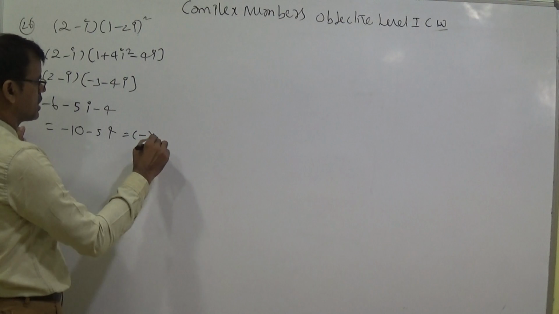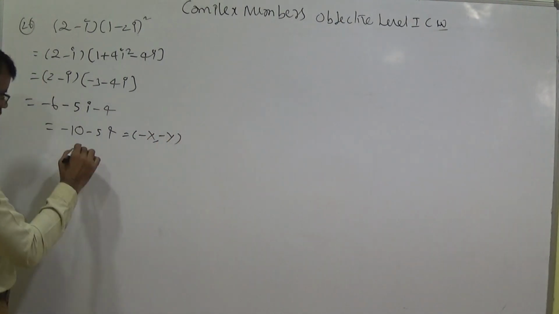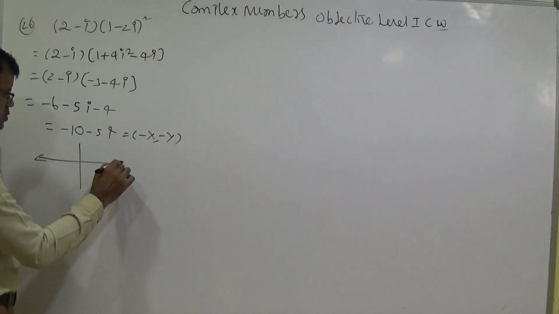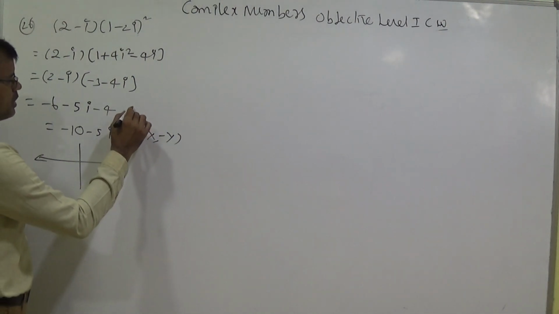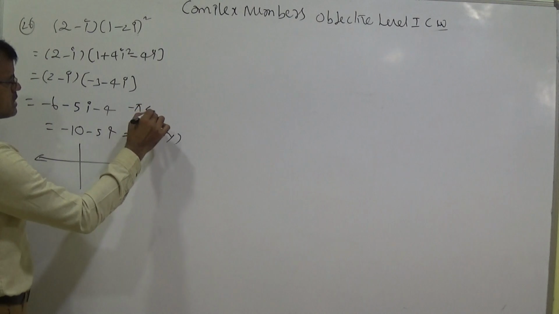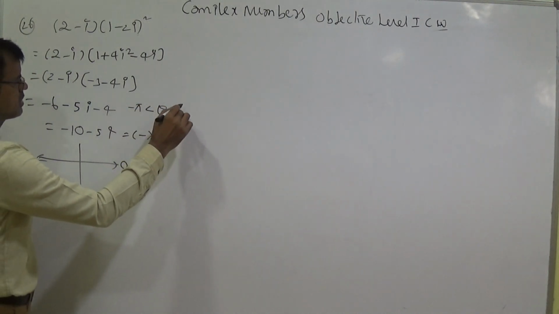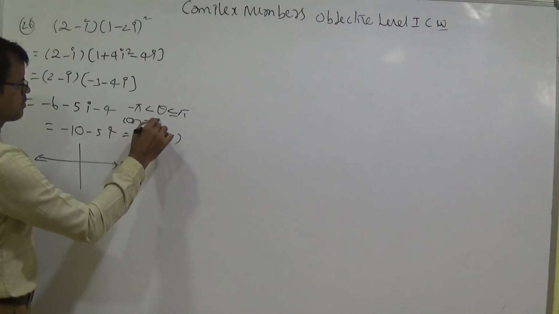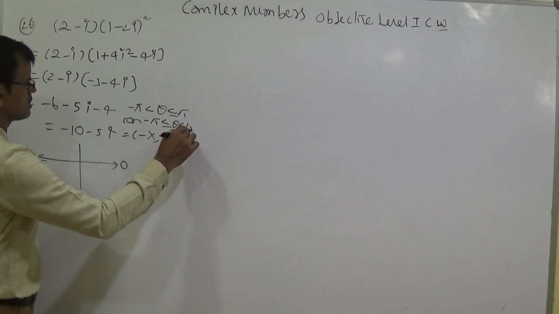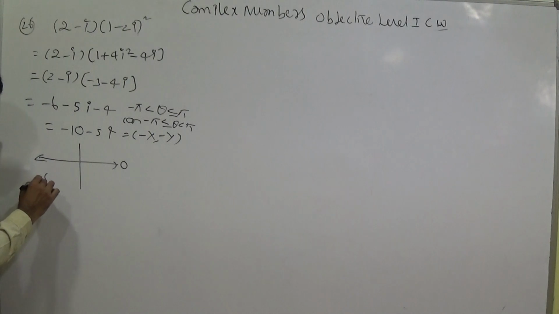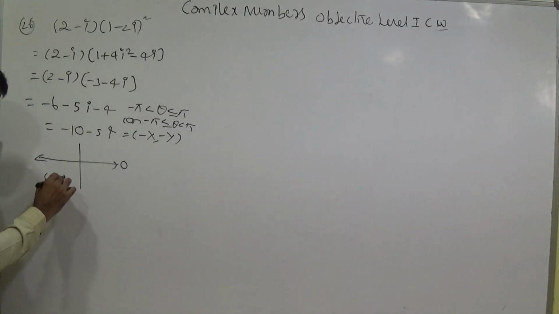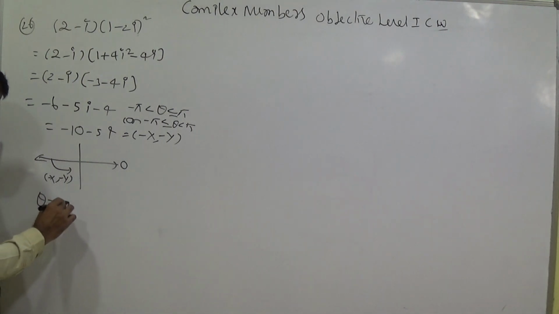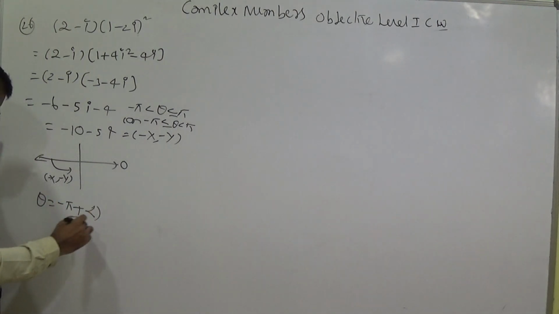So this is the case of minus x comma minus y. According to the De Moivre theorem, minus pi less than theta less than or equal to pi. If the value is in the third quadrant, the formula is theta equals minus pi plus alpha.